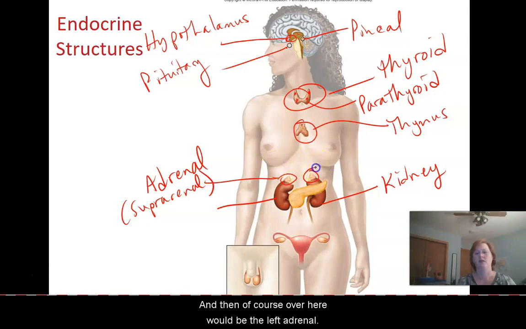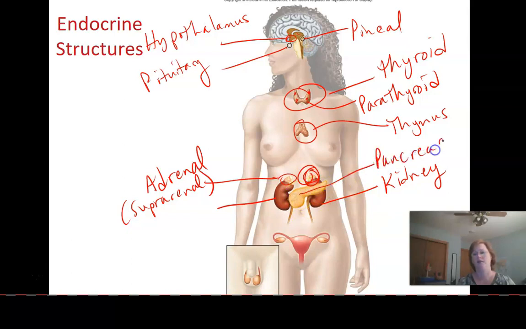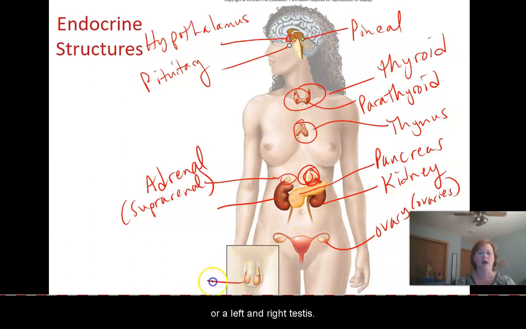And then, of course, over here would be the left adrenal. Underneath your stomach is this large gland here, which is the pancreas. And then we've got ovaries. So you have a left and a right ovary, or a left and a right testis, or testes is plural.